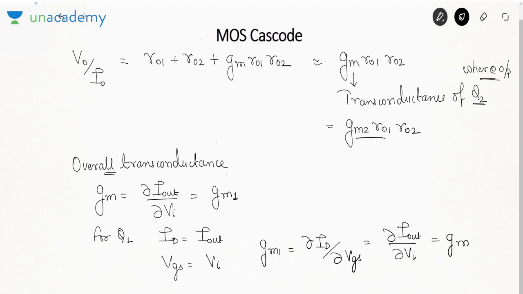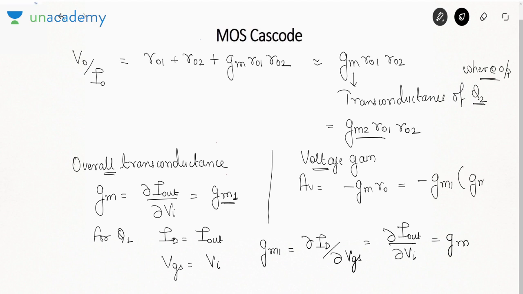The last parameter that we want to find is the voltage gain. The voltage gain of an overall transistor is minus GM R naught. Now this GM is GM1 because I told overall transconductance is GM1, and overall R naught is GM2 R naught 1 R naught 2.